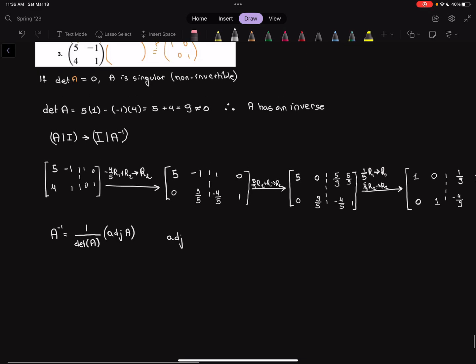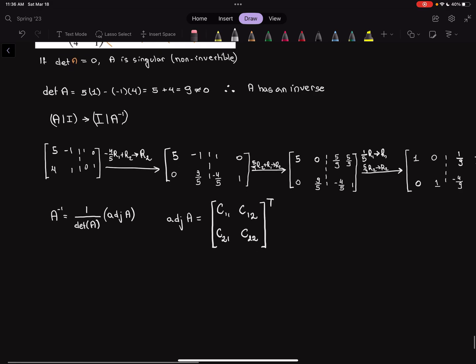Well, the adjoint of A is the matrix that is composed of its cofactors. It's first row, first column, first row, second column, second row, first column, second row, second column. That matrix transposed is the adjoint.